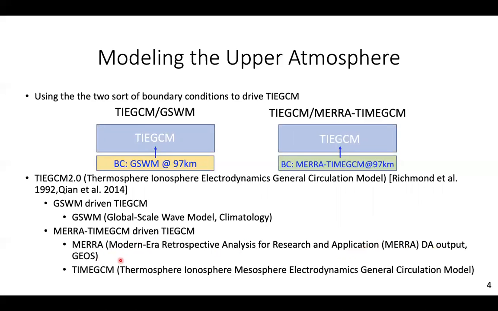TIME-GCM includes the mesospheric dynamics. And using this lower boundary condition, the TIE-GCM can produce stronger day-to-day and longitudinal variability in comparison with the GSWM-driven TIE-GCM.